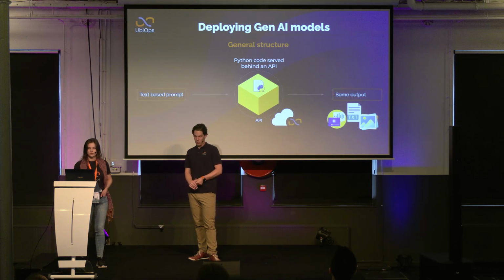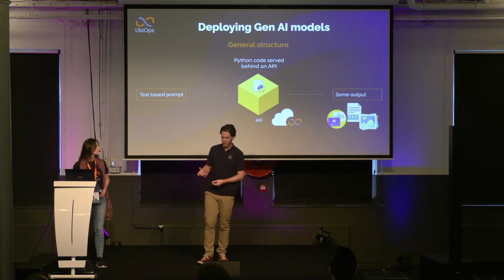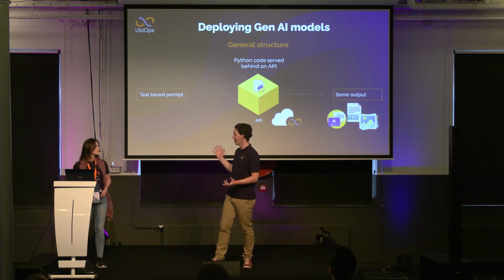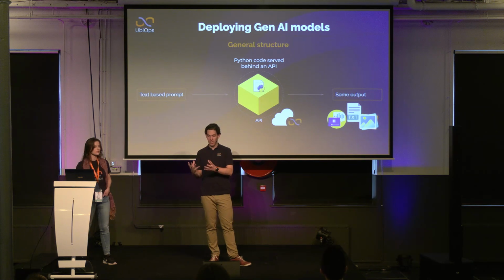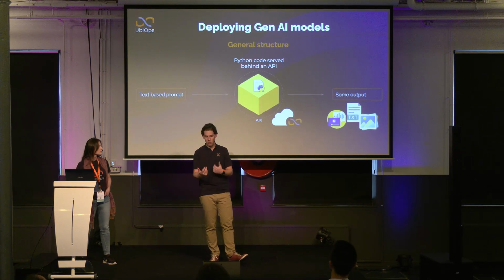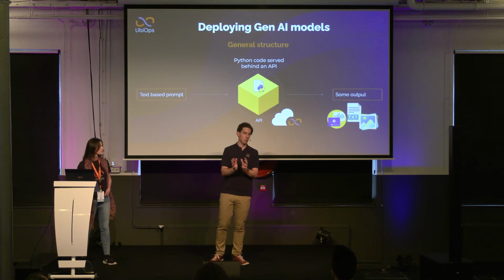And I'm about to hand it over to Anouk. This is a nice bridge to what we're going to do, I think. So we're going to take a GenAI model like Stable Diffusion, and most GenAI models have a similar structure. They take a text prompt as input.